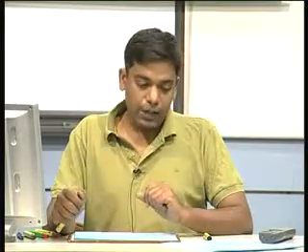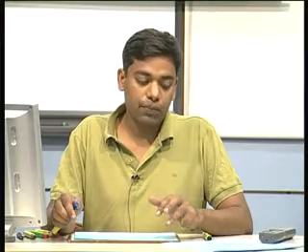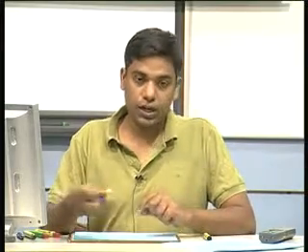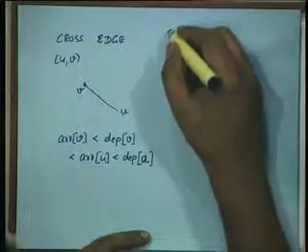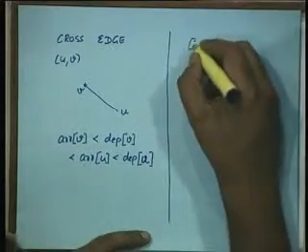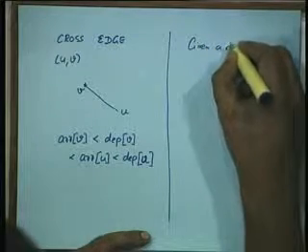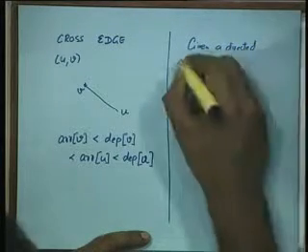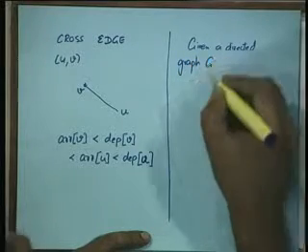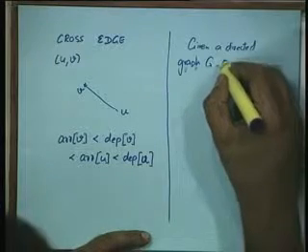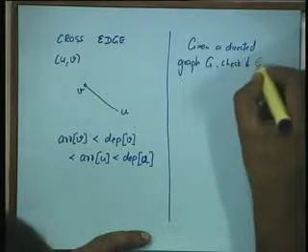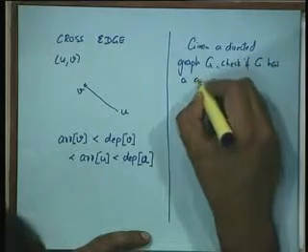Okay. So, as an application we are going to look at how to check if a given graph has a cycle or not. I am giving you a directed graph G. Check if G has a cycle.